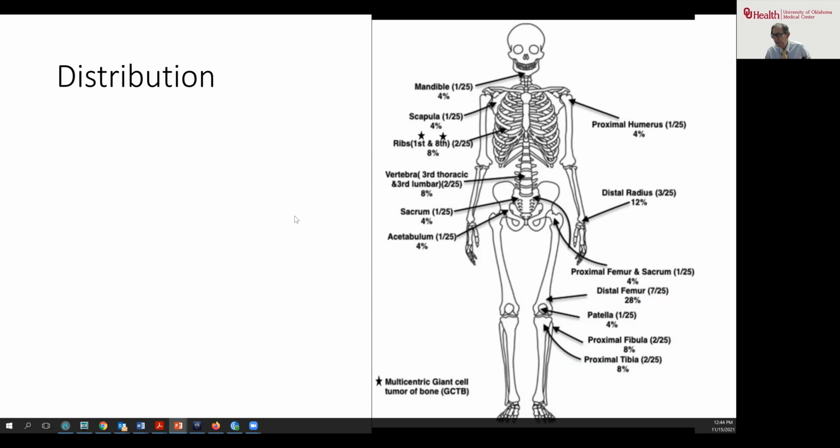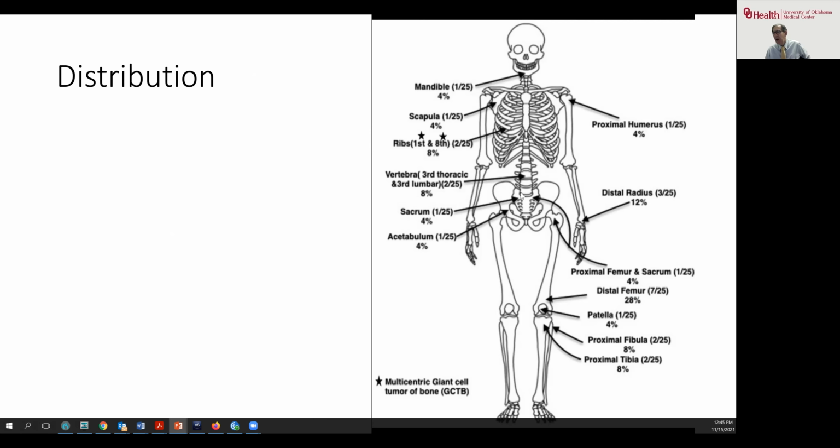Oh, I do want to say distribution. Of course, we've mentioned that these are generally in the long bones and the metaepiphysis areas. But as you see here, the patella can be seen in up to 4% of cases. And occasionally in other bones like the ribs or scapulae, even in the mandible, you may identify this lesion, even occasionally in the vertebral column.